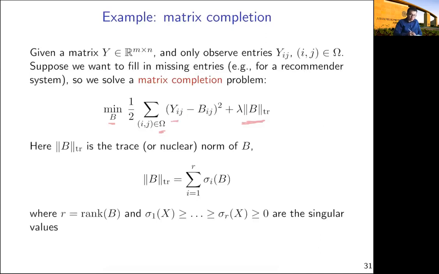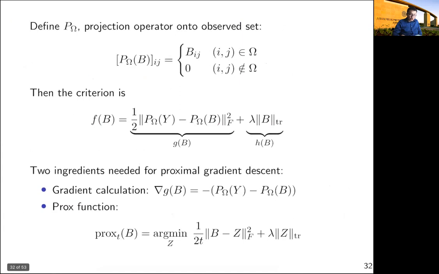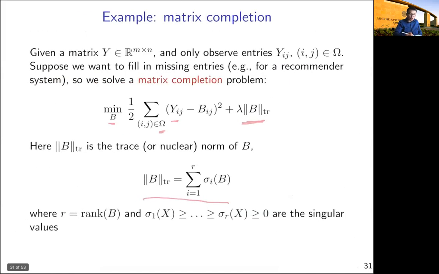Again, remember that the trace norm is simply the sum of the singular values of a matrix B. So it turns out that this falls into the structure of the composite optimization problem, where this term is smooth and this term is non-smooth.